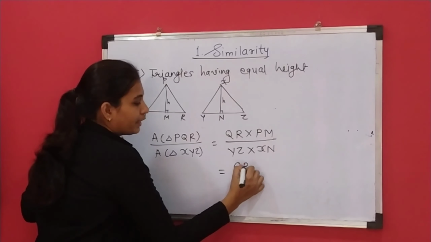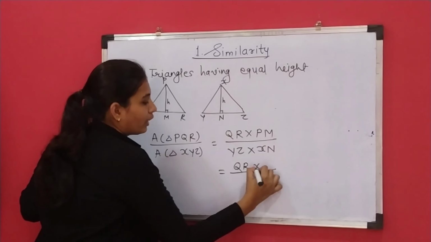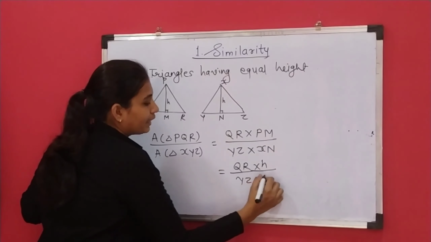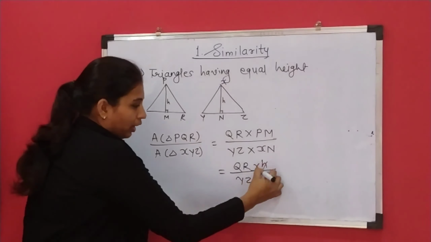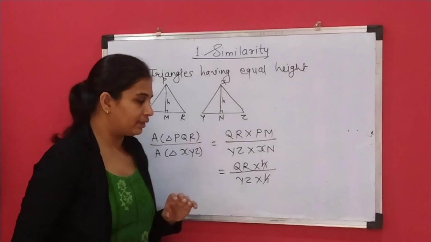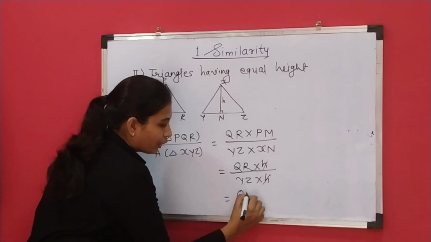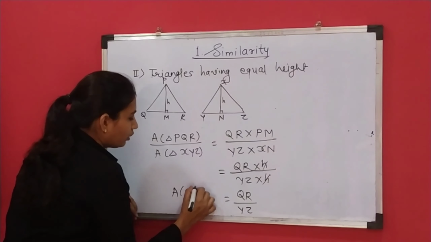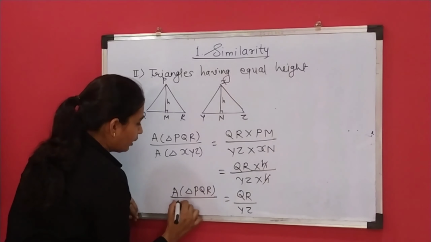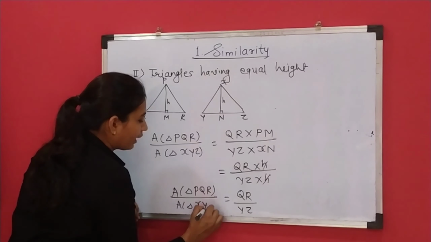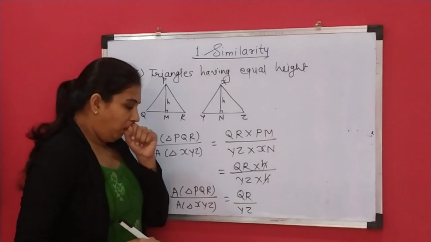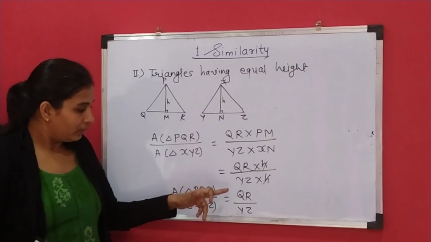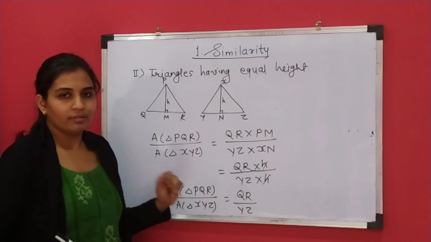So we will substitute the values: QR into h, YZ into h. Height will get cancelled. We get QR upon YZ, which means the ratio of the area of triangle PQR to the area of triangle XYZ is equal to QR upon YZ.